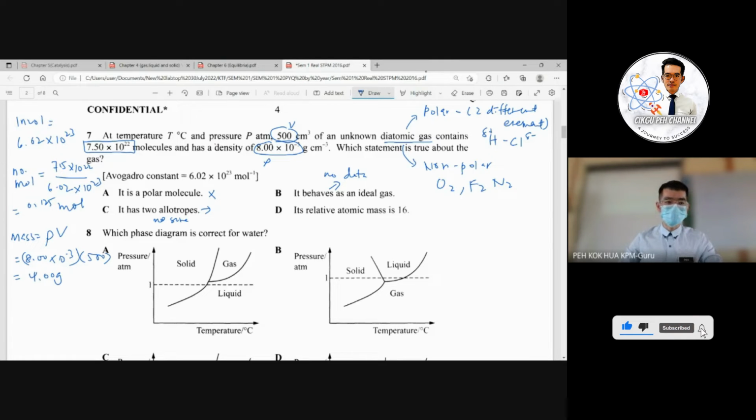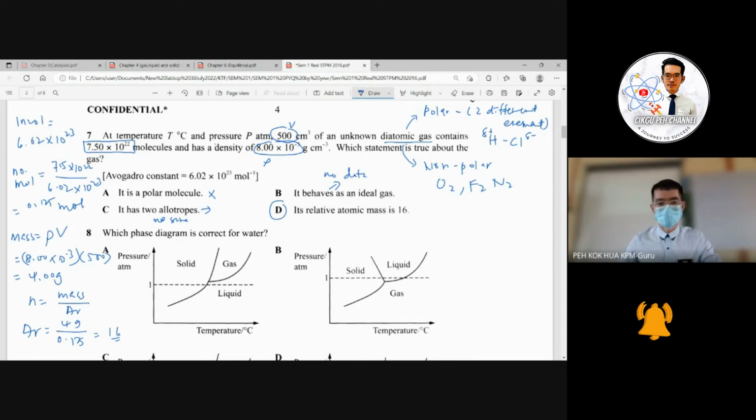Okay, so from here, number of moles equals mass divided by relative atomic mass. So relative atomic mass will be 4 grams divided by 0.125 mole. So here it will be 16. So that means we are sure that answer D will be correct already.